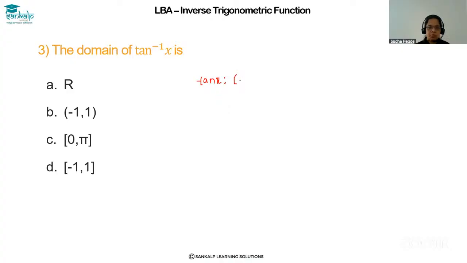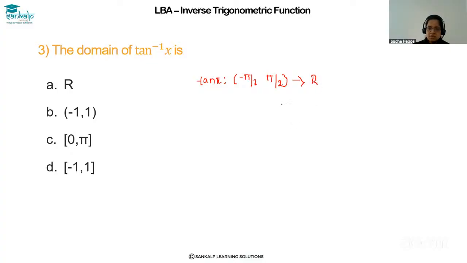Open interval minus pi by 2 to pi by 2 to R, because tan pi by 2 is infinity and tan minus pi by 2 is minus infinity. So whole R is the codomain.